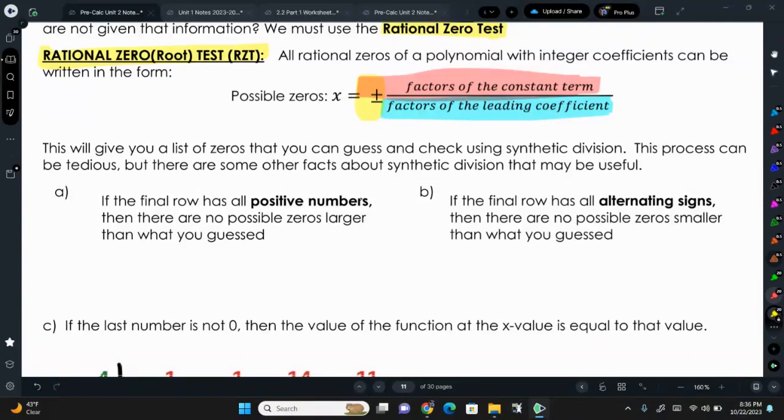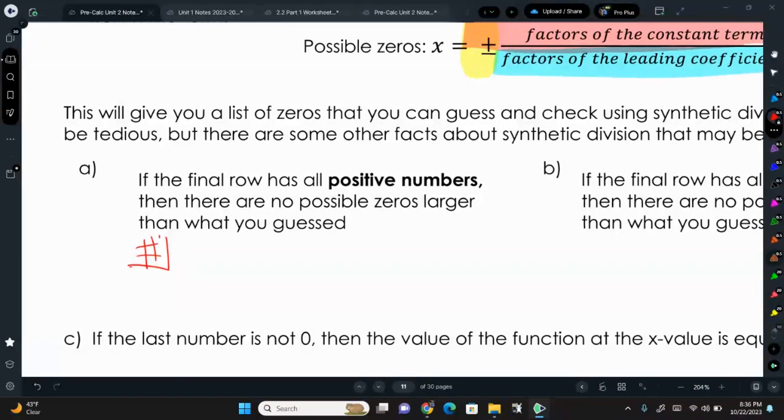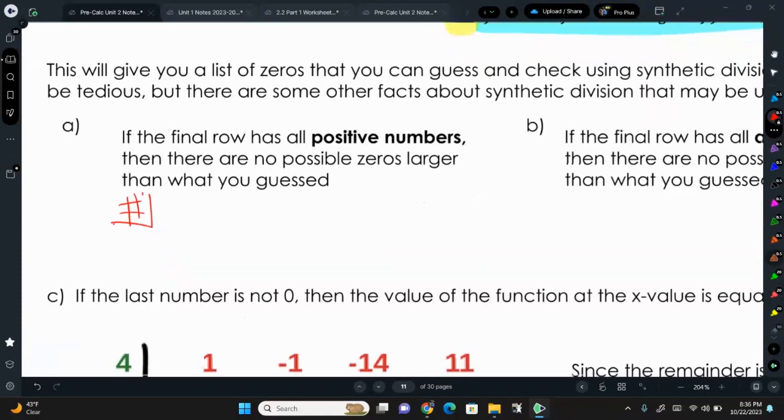row for synthetic division. So when you do synthetic division, we have a number here, and then we get our answer down here. And if we have all positive numbers as our synthetic division answer, so like we do our synthetic division and we have 1, 5, 7, 6, since those are all positive numbers, we know that there are no zeros larger than that.